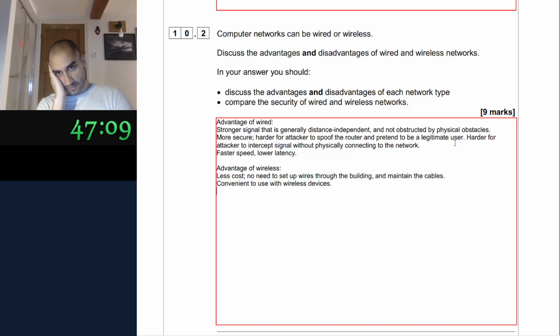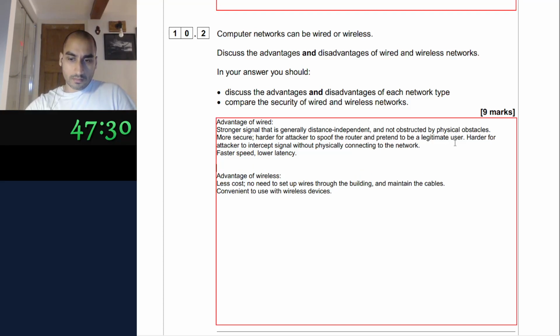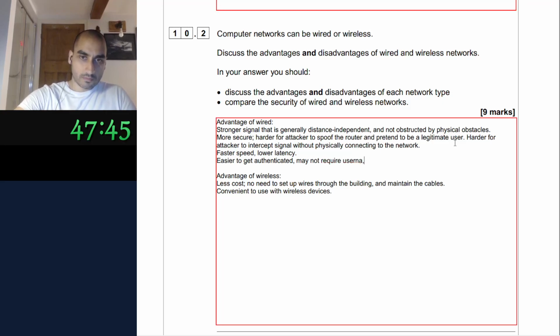Advantage of wireless. Less cost. No need to set up cables, and convenience to use with wireless devices. I mean, wired is generally easier to get authenticated, may not require username login details.